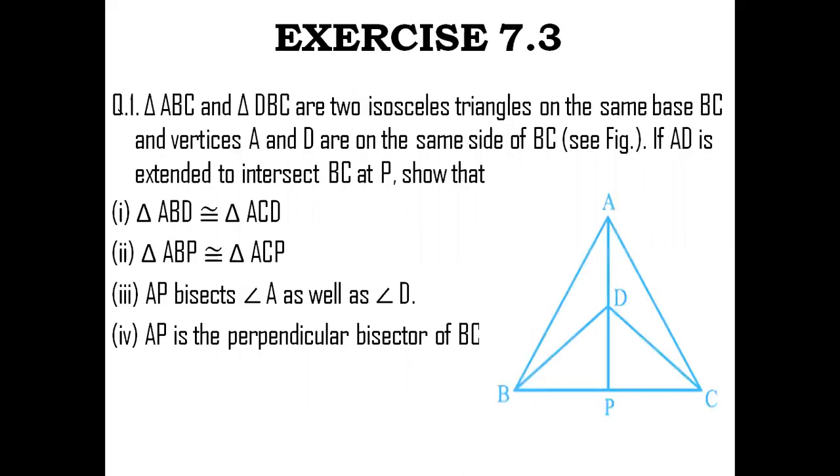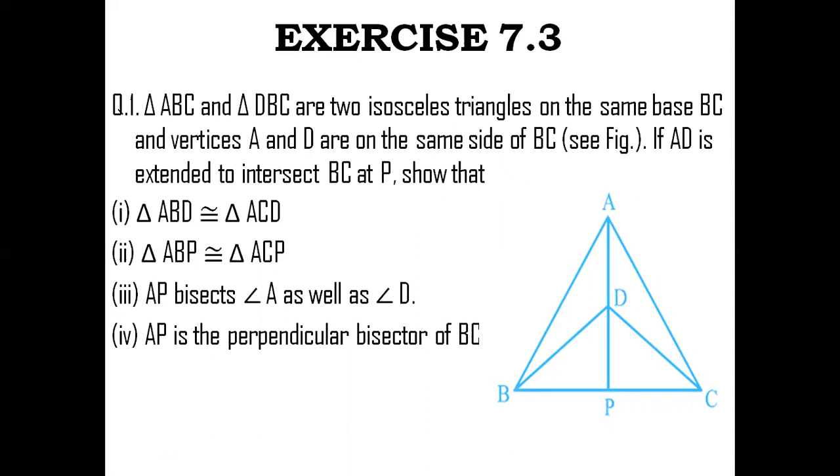The first question says that triangle ABC and triangle DBC are two isosceles triangles on the same base BC, and vertices A and D are on the same side of BC. See figure. Now, if we could see the figure, where is triangle ABC?